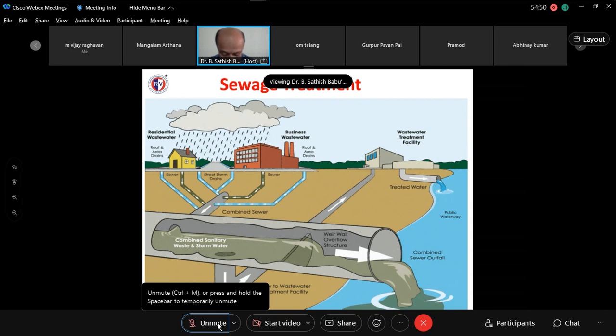Sir, sewage water of the society will go to that water treatment facility, and through membrane technology, it will purify it and let it into a water body. Okay, good. So what else? But some of the wastewater is getting overflowed and enters the river. Okay, good.